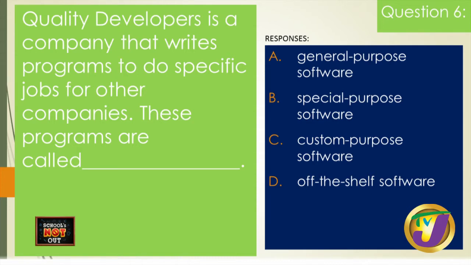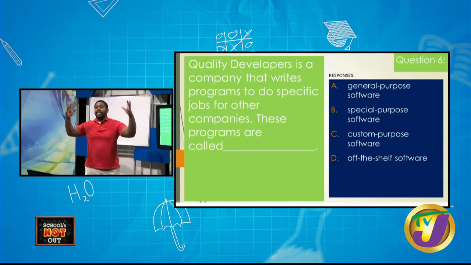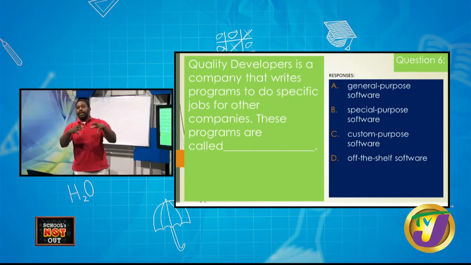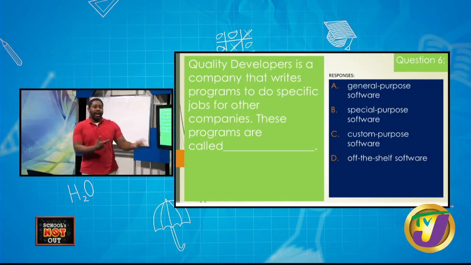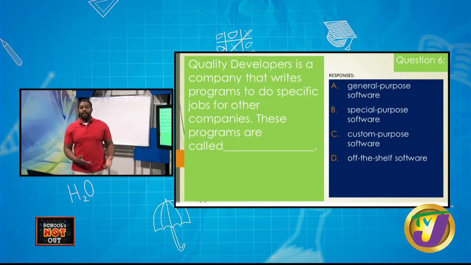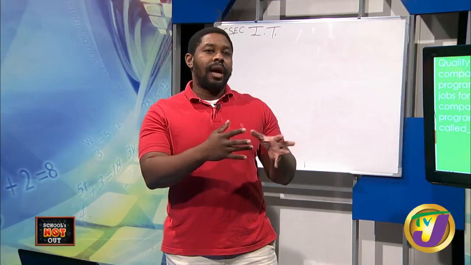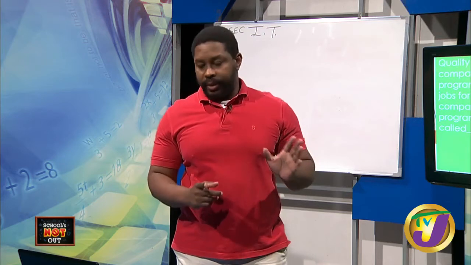All right? General purpose can't be it either, because a general purpose software is created with one particular job in mind, and that particular job is not going to be specific to any organization or to any particular subsection of the job. Just like a word processor, a spreadsheet, these are general purpose. And so it could never be that.